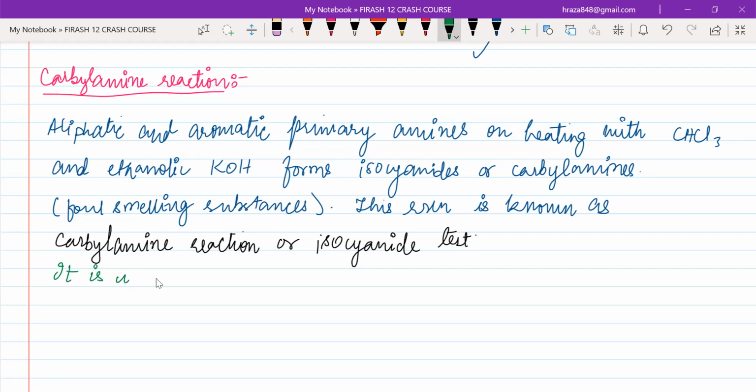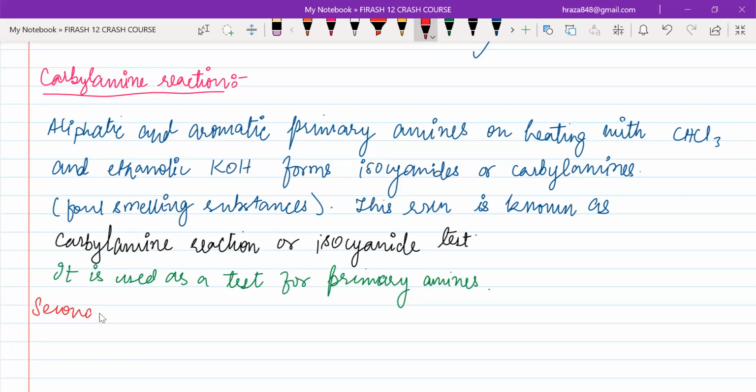It is used as a test for primary amines. It's very important to note that secondary and tertiary amines do not show this test.